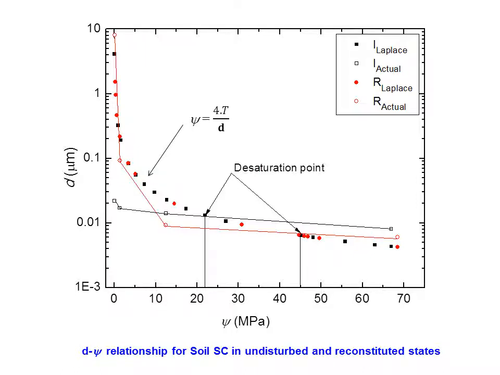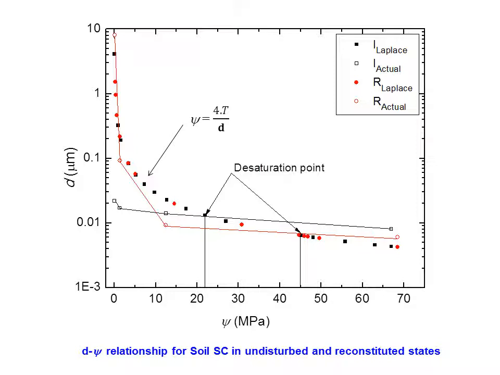Now if we intersect the line joining these data points with the curve giving the Laplace equation, this indicates the point of desaturation. So for intact samples, the desaturation is expected at a suction of 22 megapascal, which corresponds to 0.012 micron pore diameter. Now if we compare it to MIP results, it indicates that the dry sample has pores larger than 0.02 micron as unsaturated, which is quite close to the value inferred from this figure.